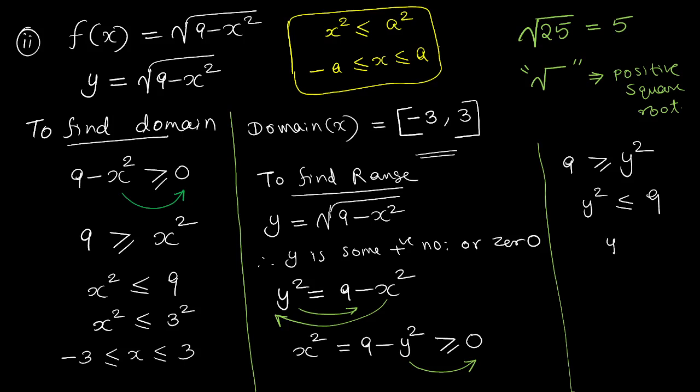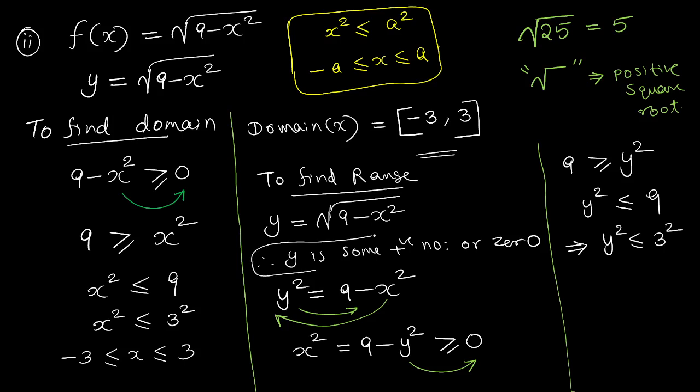Here, y square less than or equal to 9 means y lies between minus 3 and 3. Y lies, but not finished. Y square less than or equal to 9 means y square less than or equal to 3 square.